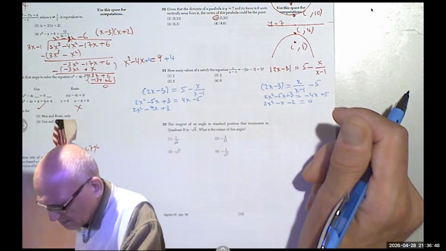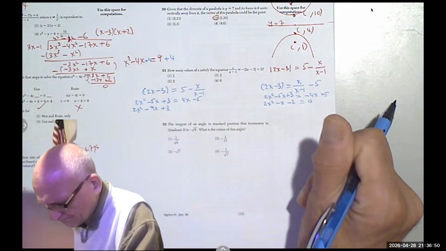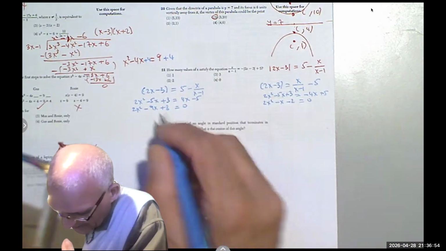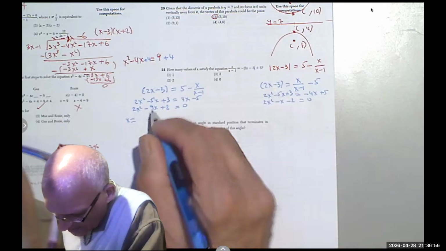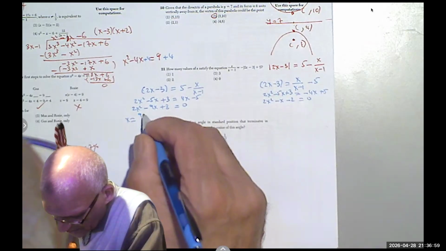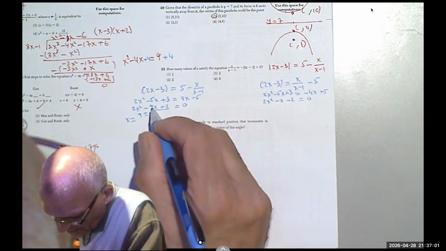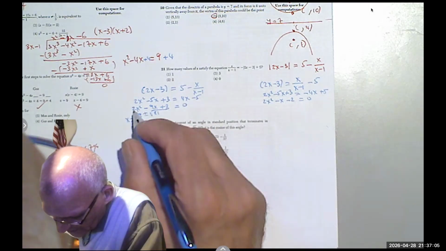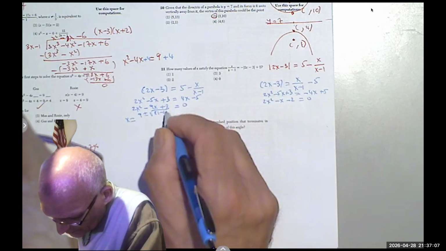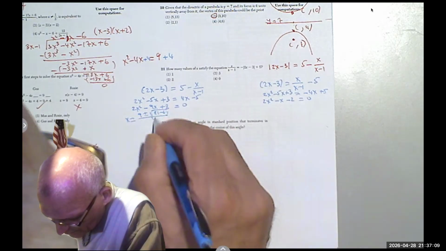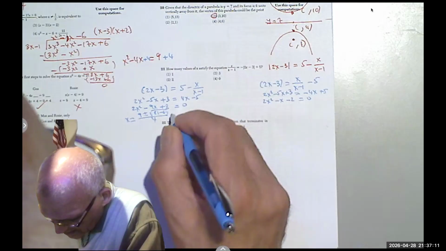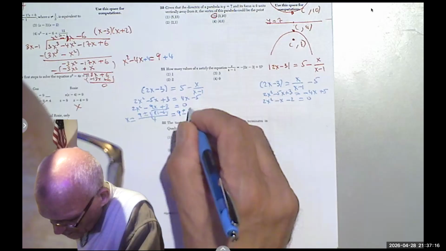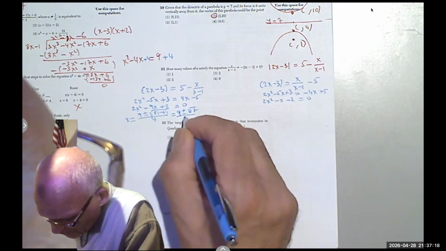Alrighty, so we solve. If you solve that, you get x equals negative b, which is 9, plus or minus square root of 81 minus 4 times 2, 8 times 8 is 64, over twice a, which is 4. So you get 9 plus or minus square root of 17 over 4.